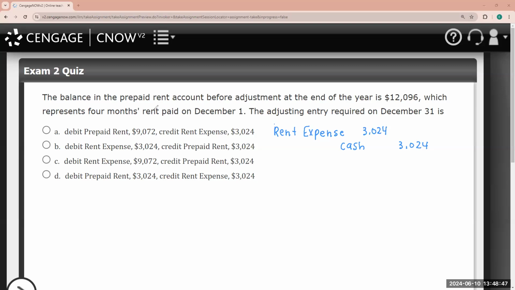In this case, we had a prepaid rent account with a $12,096 balance, which represents 4 months of payment. So we have our T account here. We know that prepaid rent is an asset account because it's going to provide us with a future benefit.